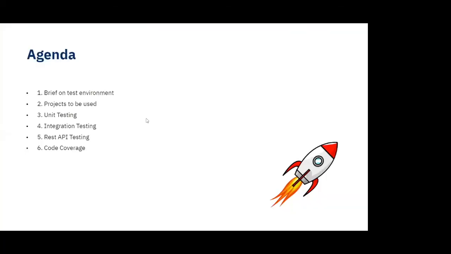Yes, so this is basically what we shall be looking at today. I'm going to give you a brief on the test environment, and then we'll talk about the projects to be used. Of course, we have to use a project in order to perform tests. We cannot perform tests on a project that does not exist. We'll be looking at unit testing, and then we'll also look at integration testing.